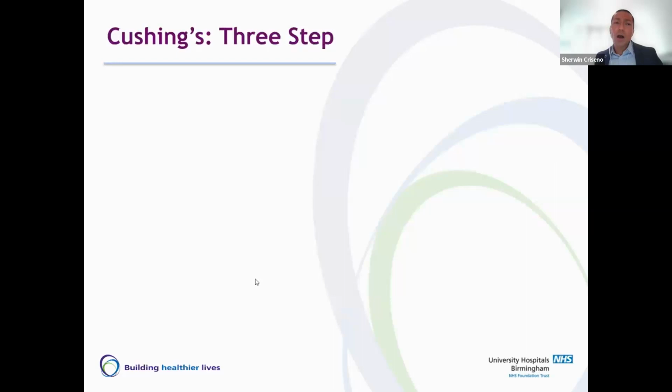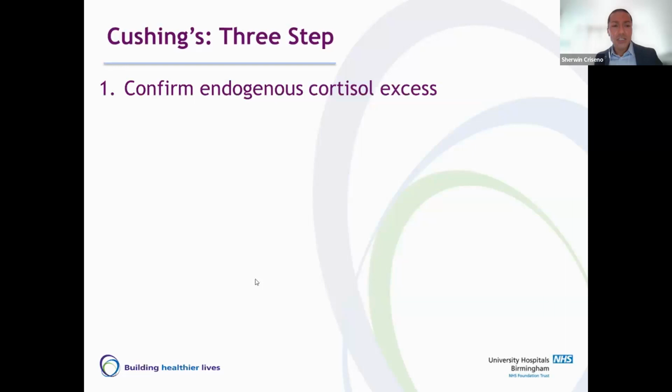So I'm going to summarize Professor Karavitaki's session in terms of how she systematically showed the diagnostic steps. Again, I'm simplifying this for the sake of time. The first step in Cushing's is to confirm whether the patient has cortisol excess. Does the clinical picture actually relate to the patient having excess cortisol?